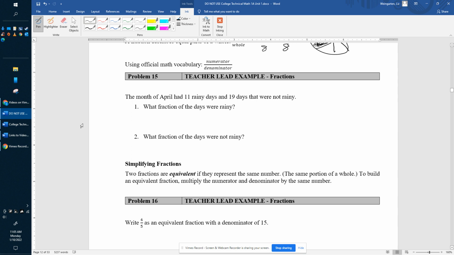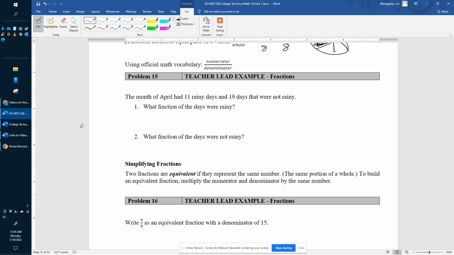So let's look at turning some words into fractions. The month of April had 11 rainy days and 19 total days that were not rainy. What fraction of the days were rainy? So there are 11 rainy days, 19 not rainy days.